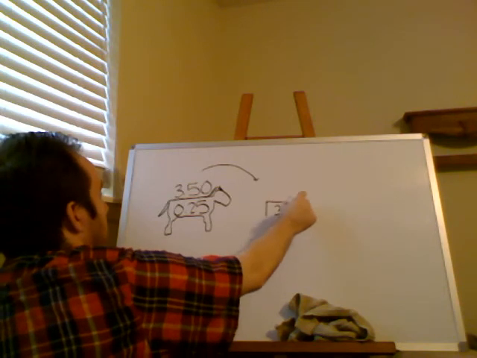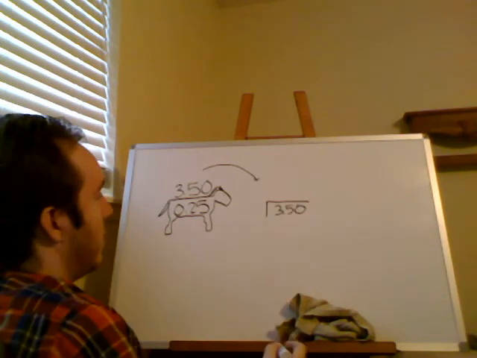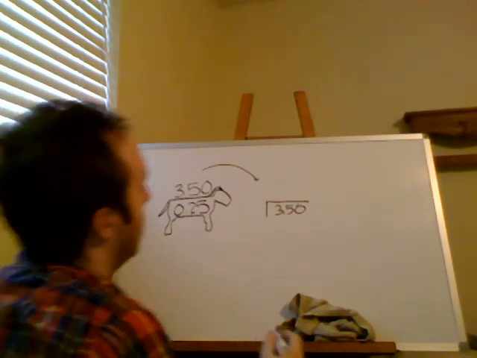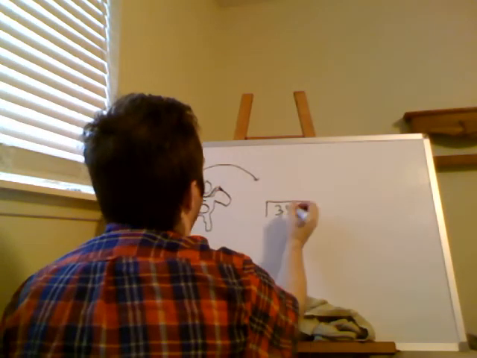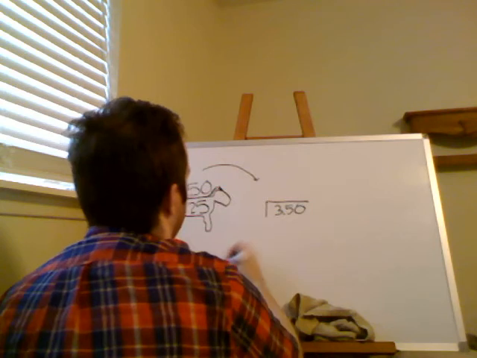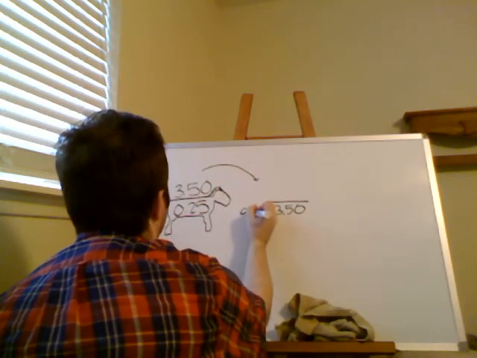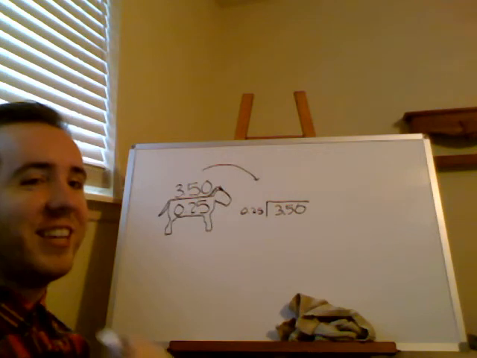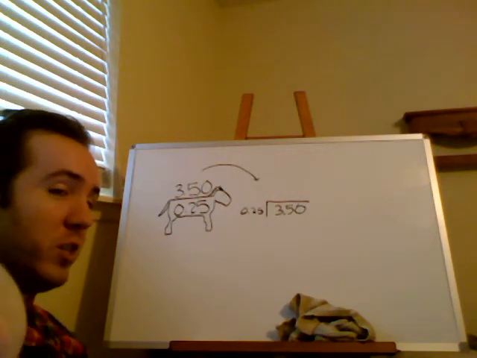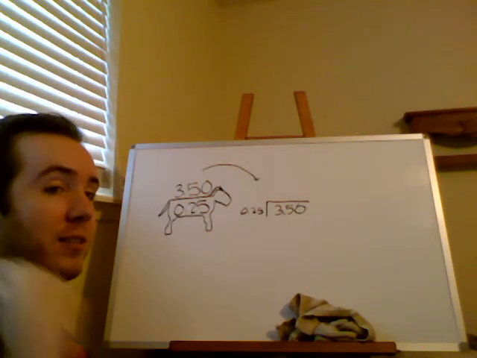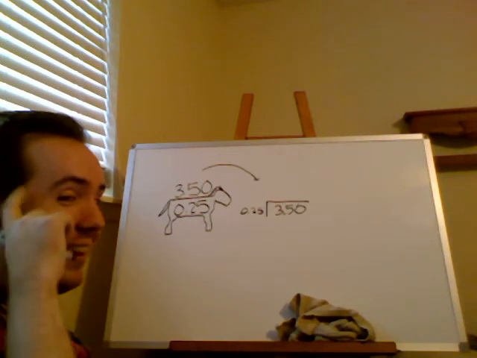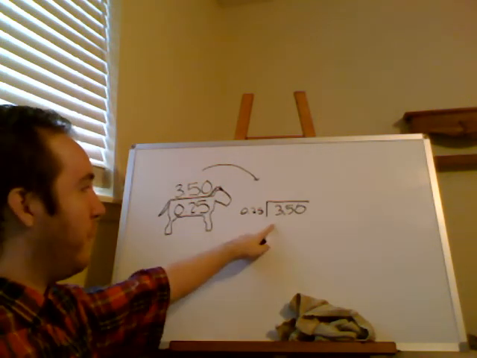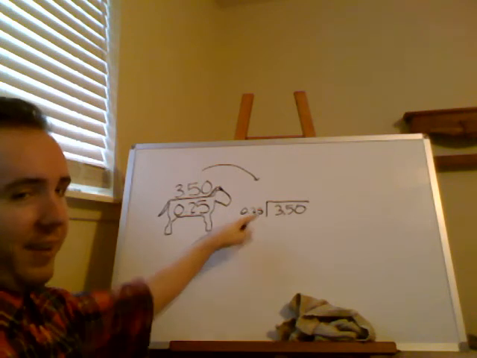Here he is, doing his cowboy business at a bank, getting the money from his last job. He goes into the bank, and where's the horse? The horse is waiting outside. Okay? It's just a funny sort of visual that stuck so well with me that honestly it's what I think of when I think of dividing decimals. I think of a cowboy going into a building and a horse waiting outside.